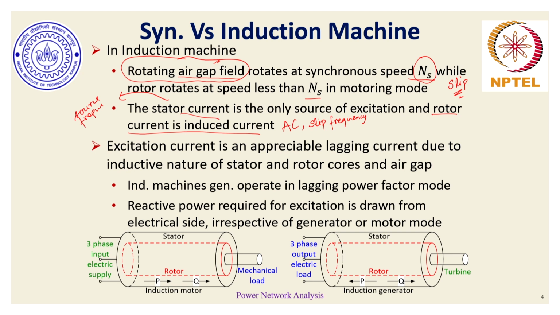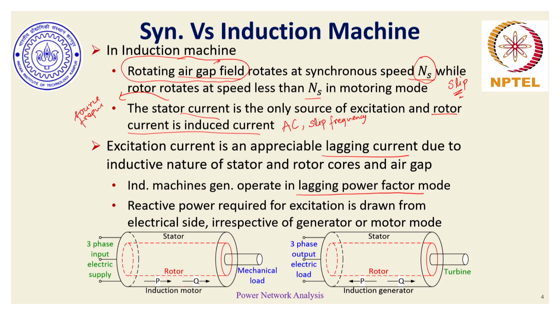The current required to induce this air gap MMF or field needs to be a lagging current because of the inductive behavior of the rotor core, stator core, and the corresponding conductors. So essentially, induction machines generally operate in lagging power factor mode, irrespective of whether they are operating in motor mode or generator mode. Now, the distinction between motor and generator is very simple.